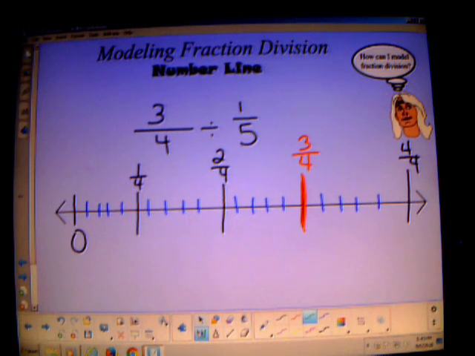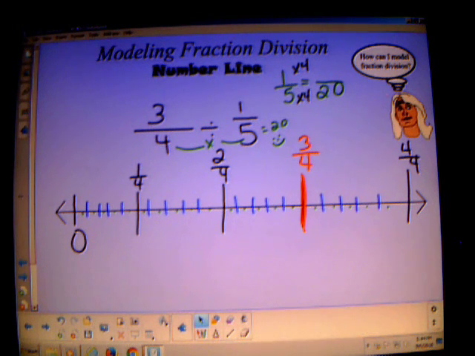Next, we get an equivalent fraction for our divisor. Next, we put that many in a group.